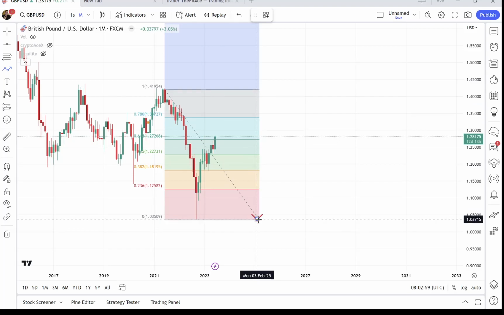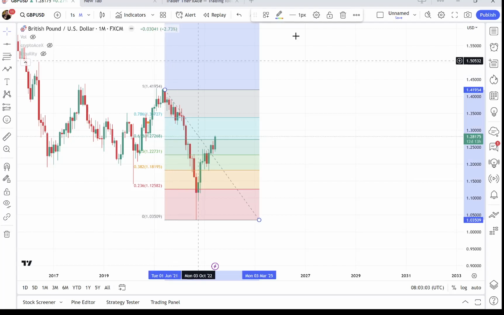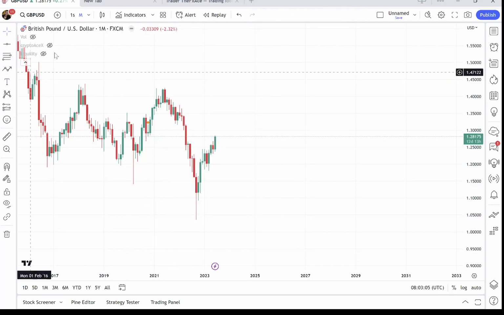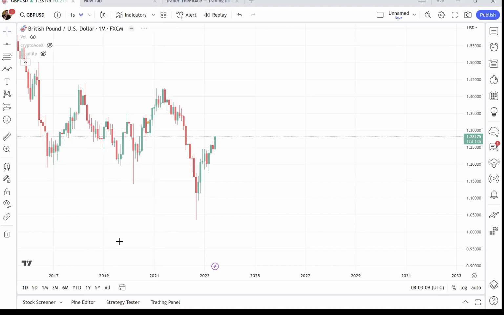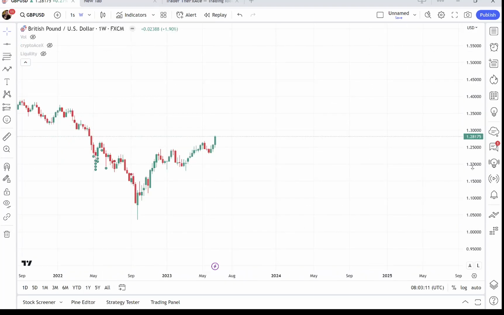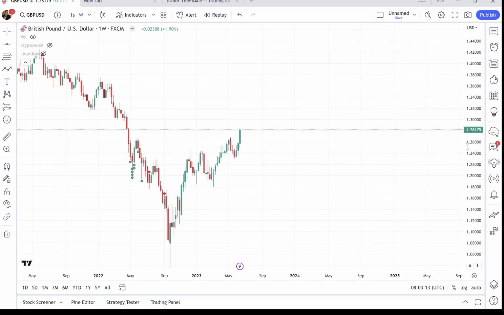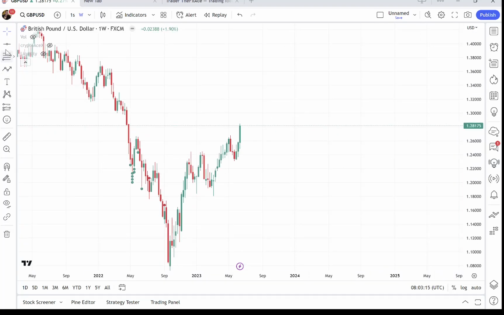I want to get in on this on a pullback, because I do suspect, if you look at the weekly charts, but early next week we'll get a pullback on this pair, and the pullback is likely to go to the breakout area.